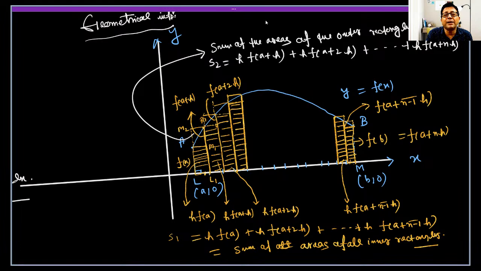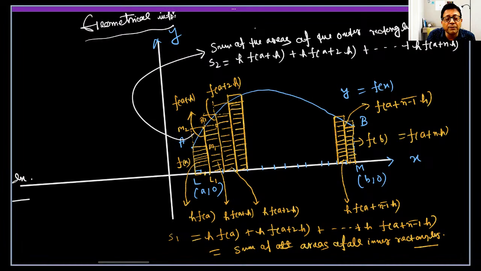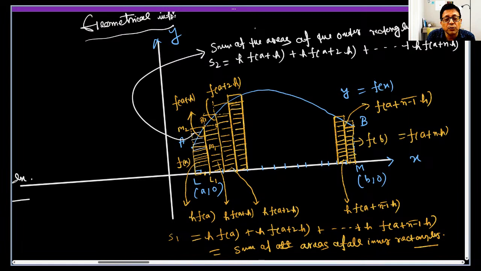The areas of the outer rectangles I am not showing here, but if I do it, then I have to do it with the help of these white ones. White ones representing the areas of outer rectangles, all outer rectangles' areas.